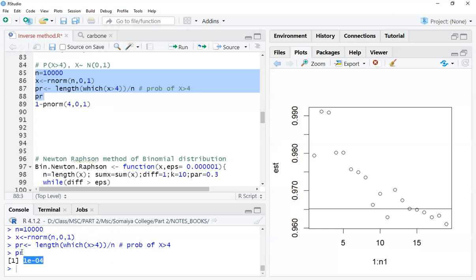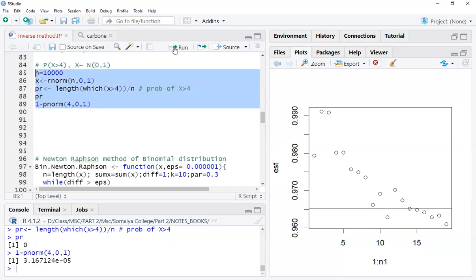Are you understanding what I'm trying to explain here, students? This is a very important concept. Let's look at the values. Again, one value. It may happen always 0. It may happen, but we are getting only one observation which is greater than 4.